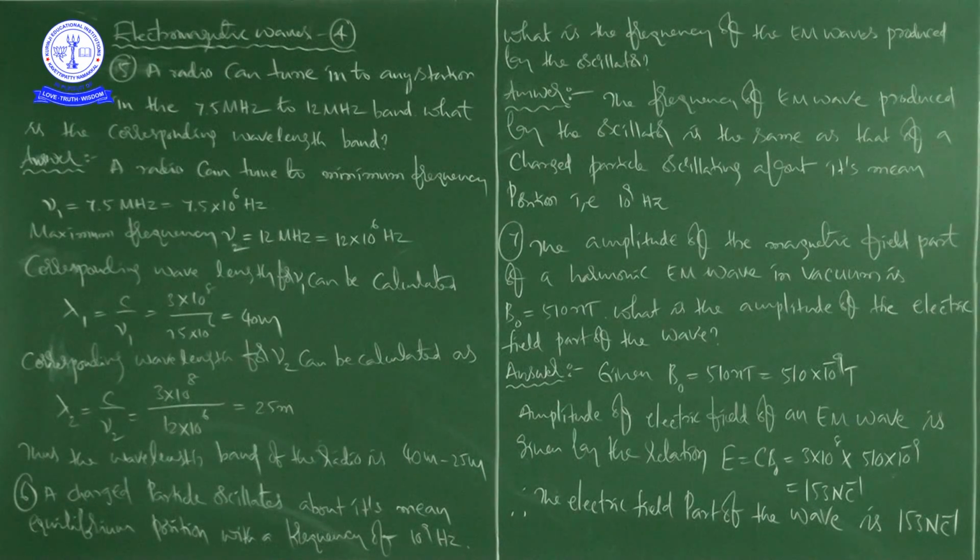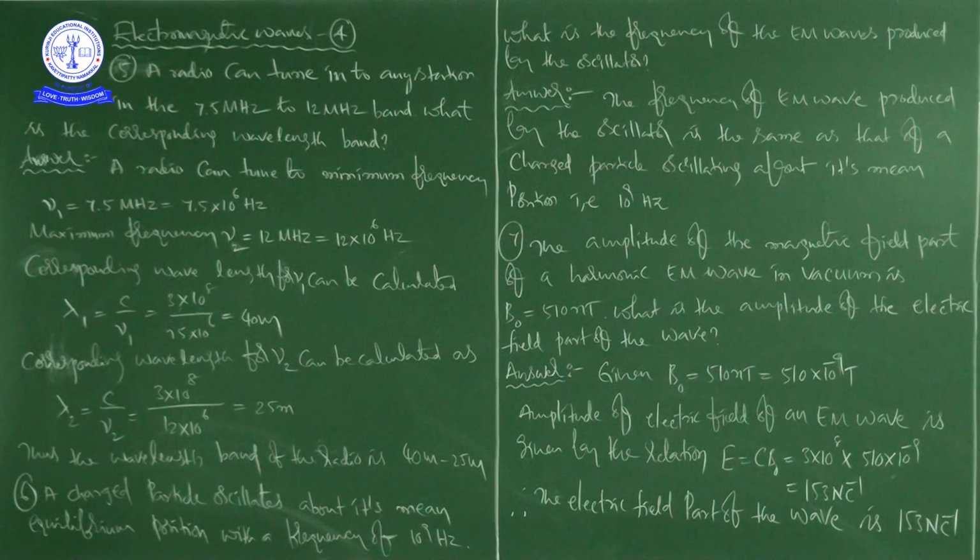So, what have they given? A charged particle oscillates about its mean equilibrium position with a frequency of 10 to the power of 9 Hz. What is the frequency of the electromagnetic waves produced by the oscillator?